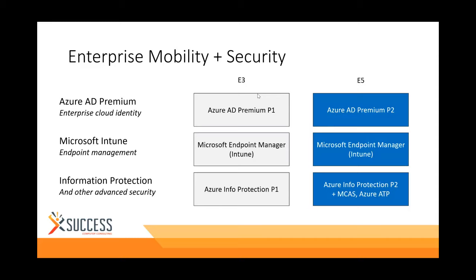Then with regards to that last category, in addition to the information protection features, there's going to be some additional enhancements here and some additional integrations. An example of that, I believe it was Dan who asked about this, is Microsoft Cloud App Security, which is a CASB product. That has the ability to monitor what's happening inside of your cloud applications and alert you to suspicious things that are going on.